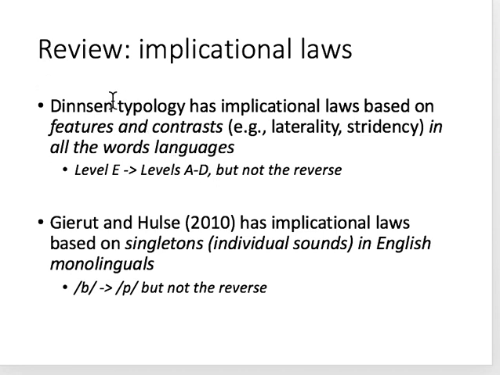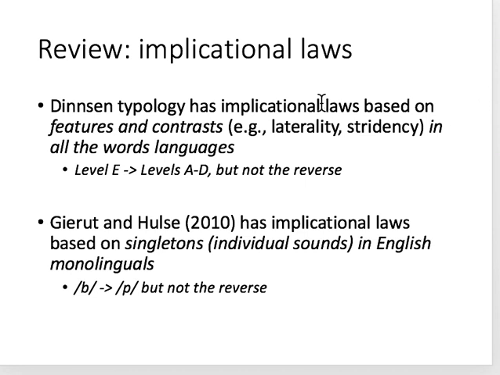Similarly here with the Dinson typologies, there too we have implicational laws, but here they're based on features and contrasts, right? And all of this is based on all of the world's languages. Remember that was part of what was powerful about the Dinson typology, that we could look at what was consistent across languages and in a way describe the sound system of each child on a scale of complexity. Right?